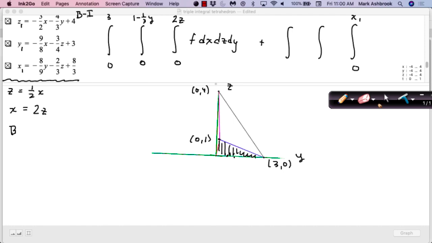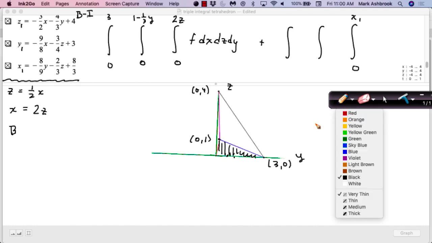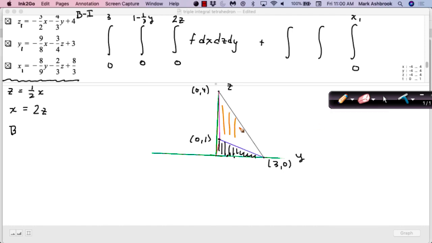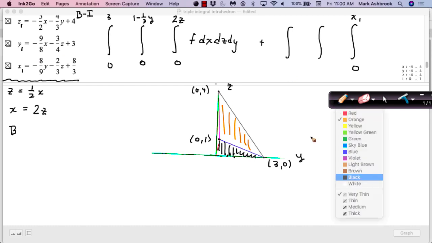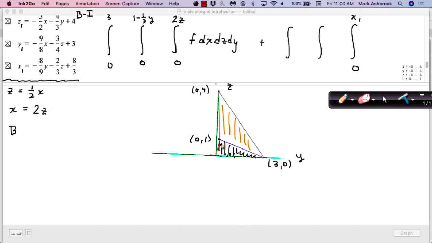Okay, then when we come out x1, when we come out this plane, we're going to go bottom to top, which is, what's the bottom? No, the bottom is this line again, 1 minus 1/3 y. To top is this one.